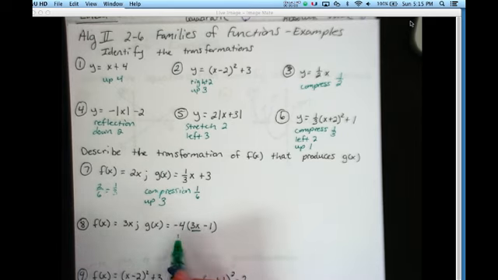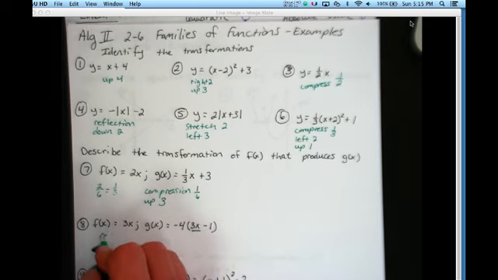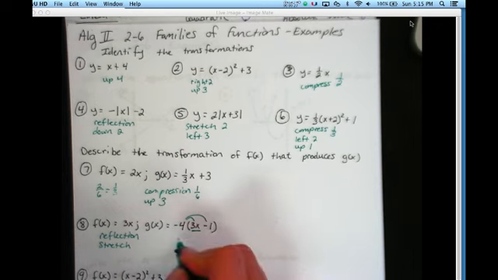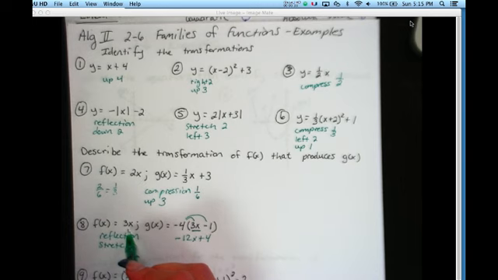So on the outside of my set of parentheses, the negative tells us that we have a reflection. The 4 then is going to be a stretch. And then to figure out what this last piece did, we actually have to distribute that into our equation. So we would have negative 12x plus 4. So really I'm going to take this equation and I'm going to move it up 4 spaces.